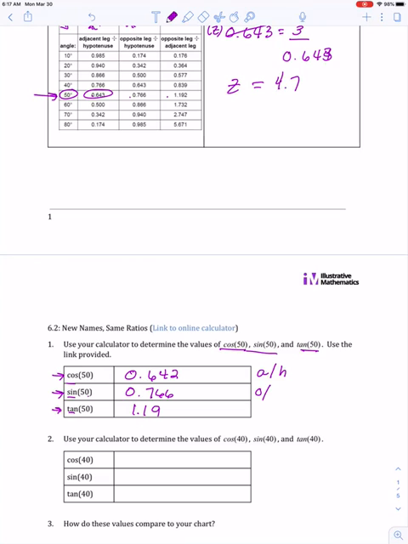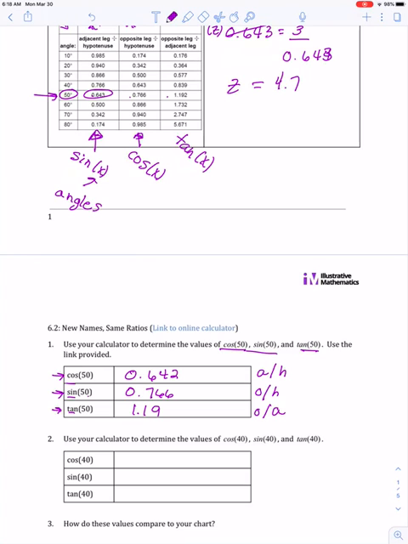This correlates to the opposite hypotenuse column, and this correlates to the opposite adjacent column. So what we can say is these are our, like, sine x. This column is cosine x, and this one is our tangents of x, with x being our angles.